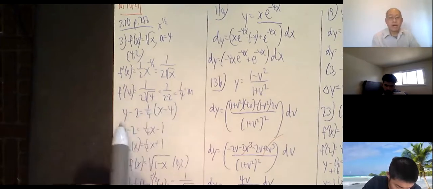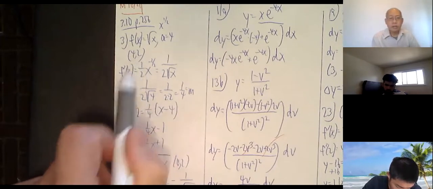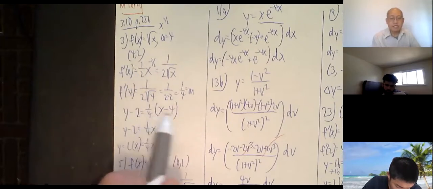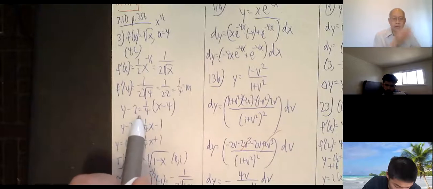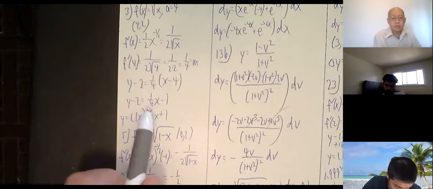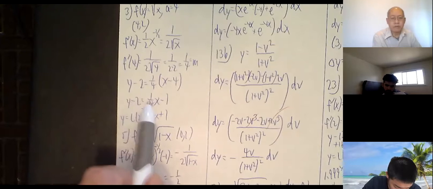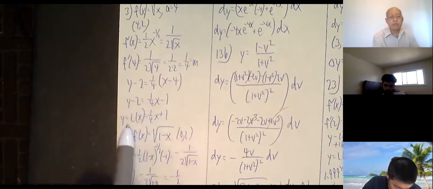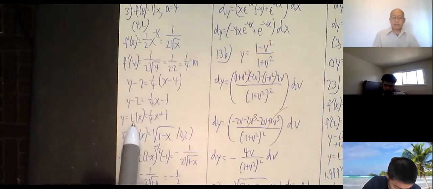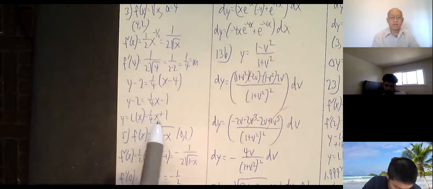Okay, y minus y1 equals m times x minus x1. Before I said stop, but now keep going, make it look like y equals mx plus b. So distribute: y minus 2 equals 1/4 x minus 1. Add 2 to both sides. So y is now L of x. Okay, so the linearization of x is 1/4 x plus 1.